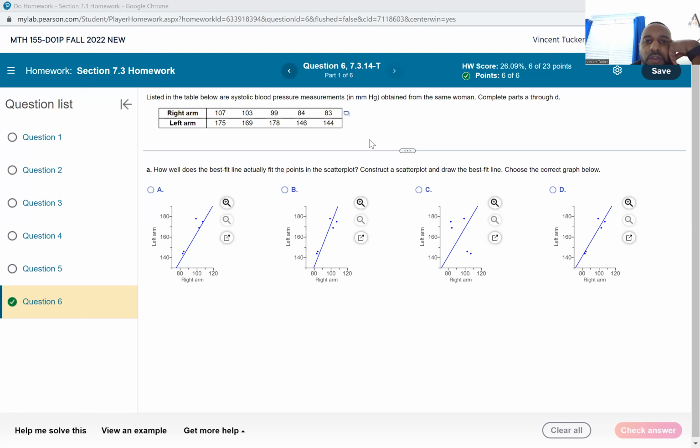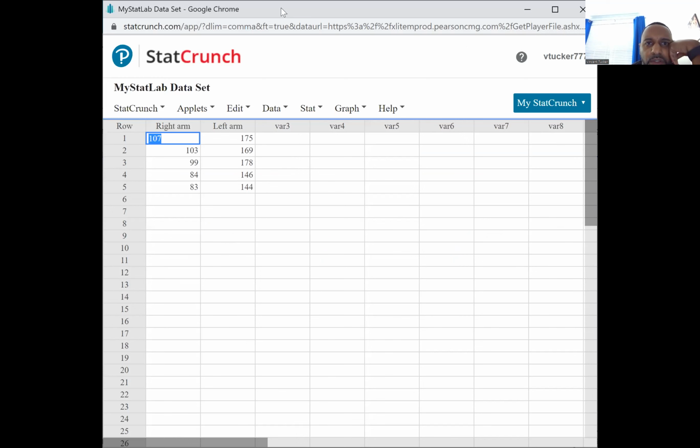All right. So first thing we can do is click on this right here. It says open in StatCrunch. All right, so StatCrunch is MATLAB's version of like Excel.